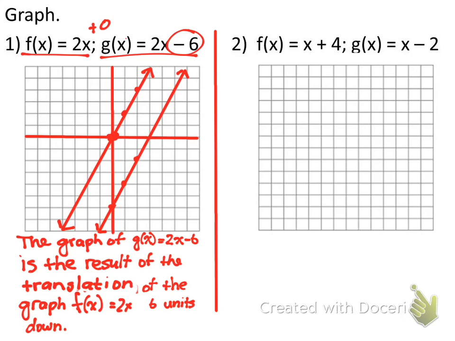Okay? Watch me do number 2 now. Ready? Here we go. Number 2, graphing my x-axis, graphing my y-axis, and my first equation is f of x is equal to x plus 4, so I go to plus 4, plot my y-intercept, and it's up, rise 1, run 1, put a point here, and so forth.